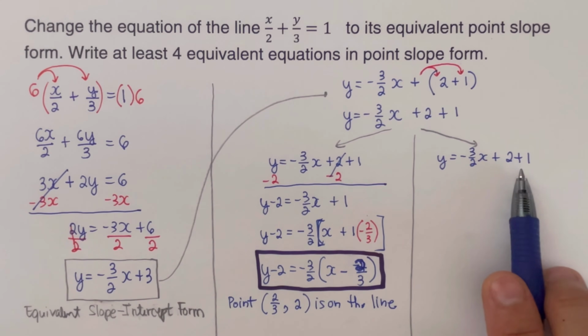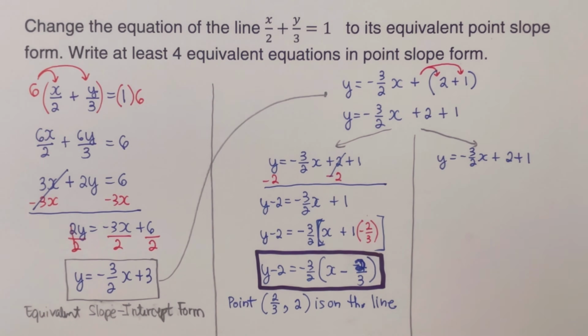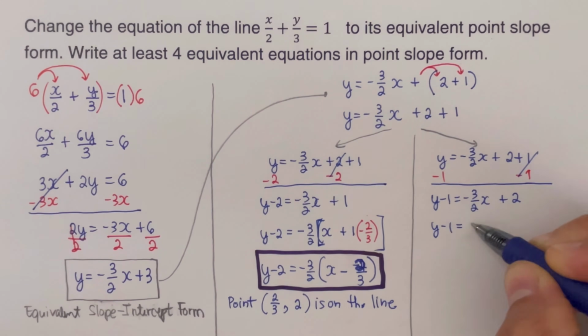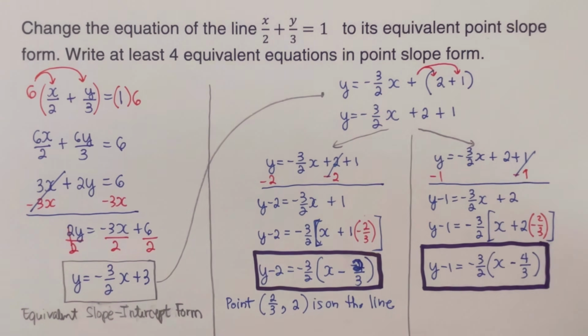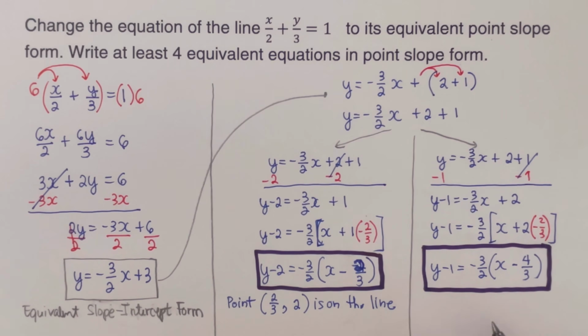This time around, we are going to subtract 1 from both sides instead of subtracting 2. So I'm going to go ahead and show the work down here. So this is another equivalent point-slope form of this two intercepts form that we have right there.